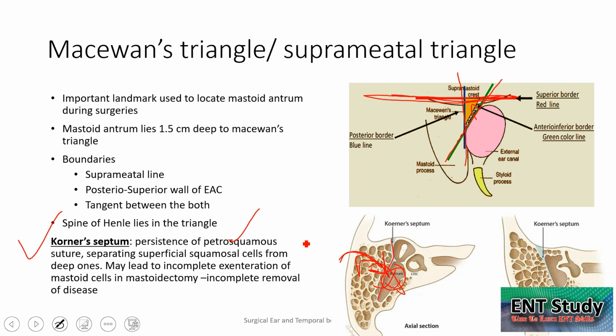If the antrum has to be reached, the Korner's septum must be removed. If the surgeon does not remove it, that means he has not exposed the antrum sufficiently, and obviously that leads to incomplete exenteration of the mastoid cells in mastoidectomy, leading to incomplete removal of disease.